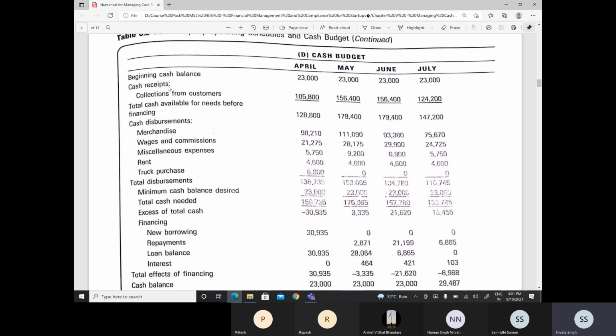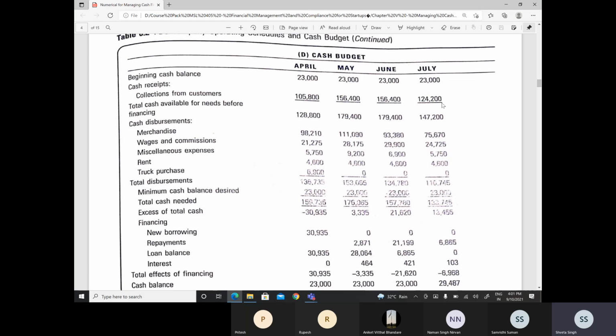Then we start with all the cash receipts. So all the cash receipts means all the collections that you have from customers. So in April you have 105,800, May you have 156,400, June you have 156,400, and July you have 124,200. Is there any other way that cash is coming into the business?